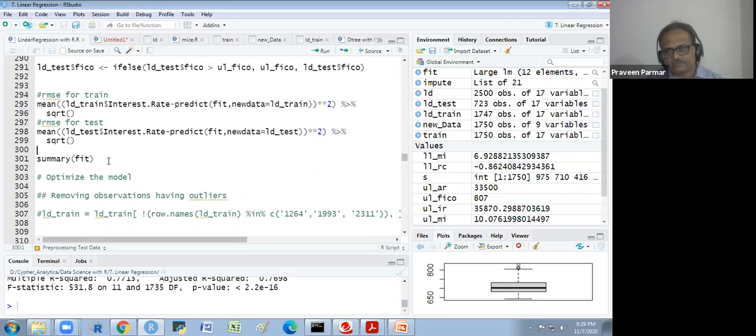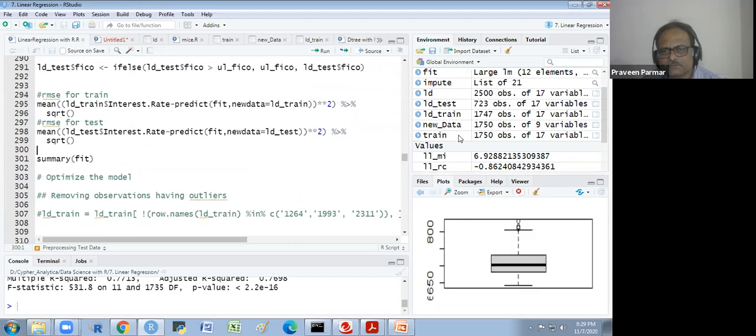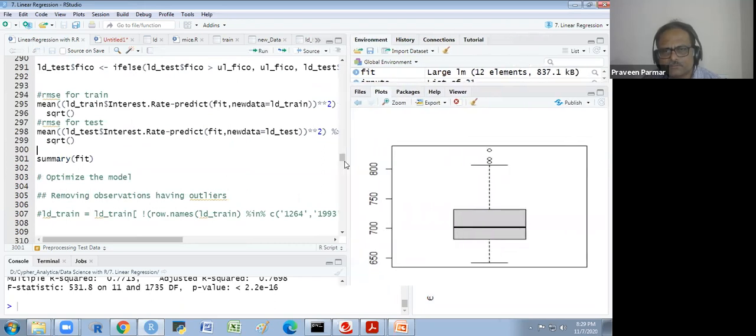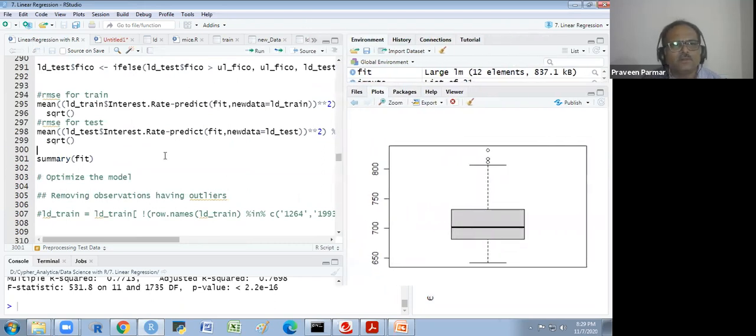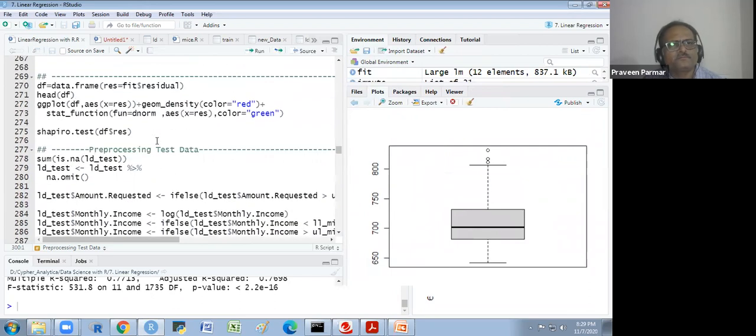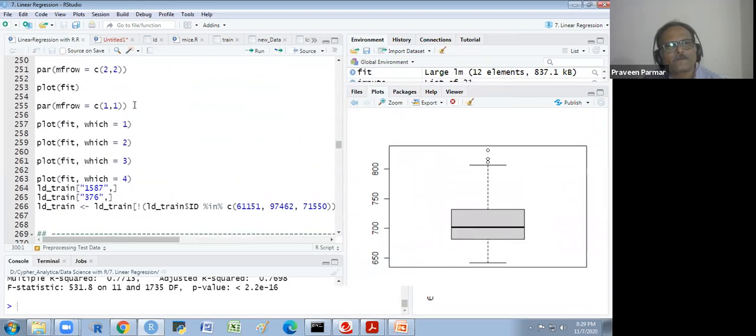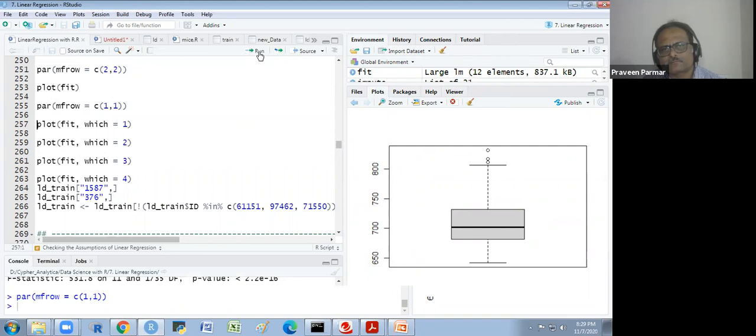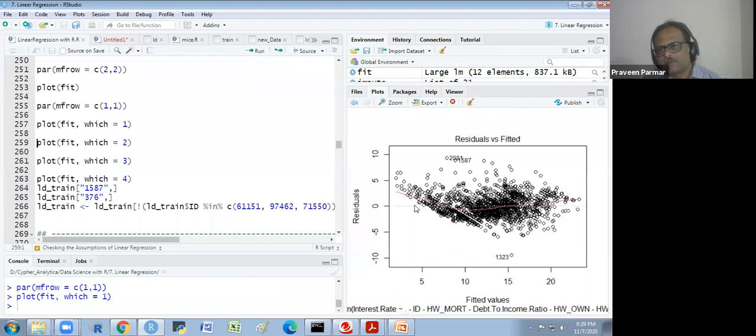So what will I do? I will improve that model. I will show you. I want to look at this residual versus fitted plot. I want to correct this thing.